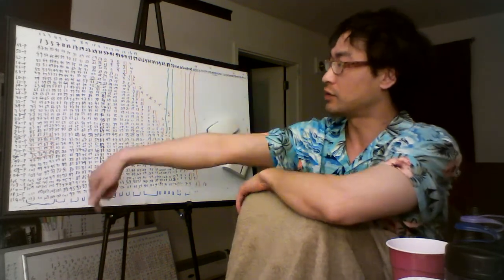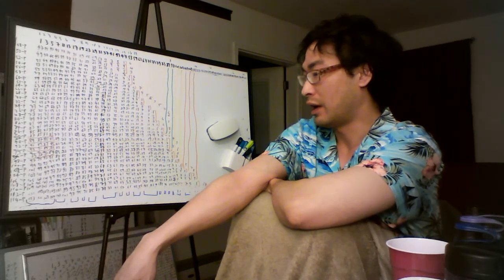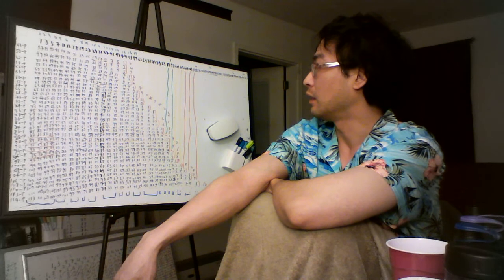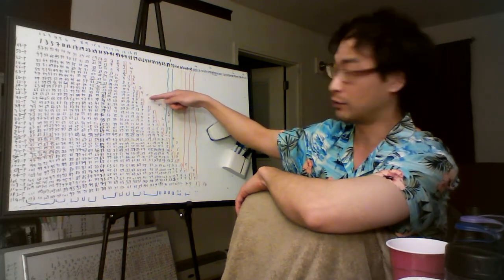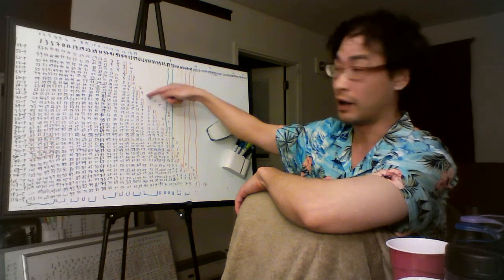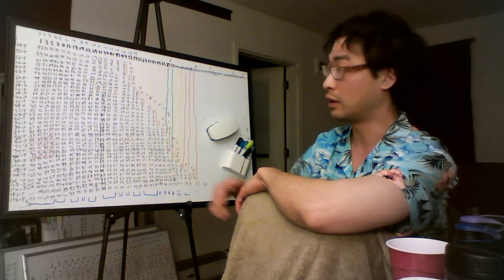Each column gives us complete coverage of odd integers. And as you can see, each column has a starting point, right? Starting from one, and each column gives us complete coverage of odd integers.